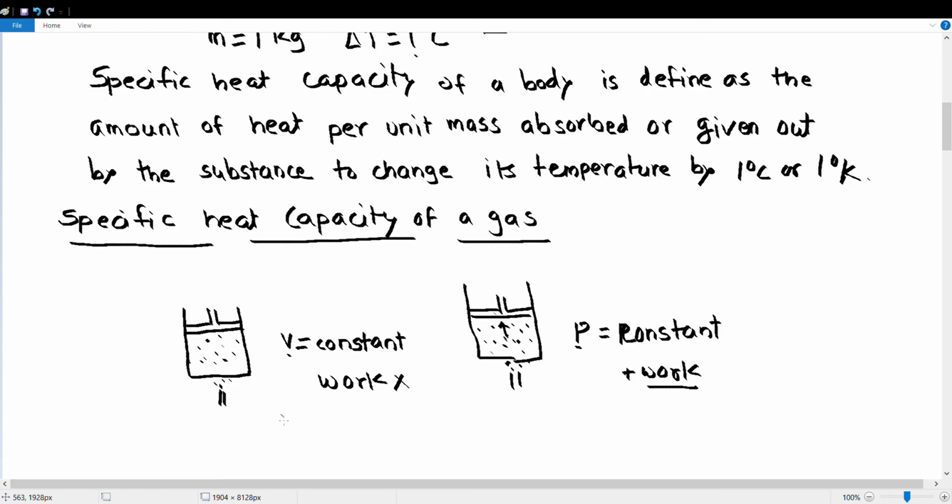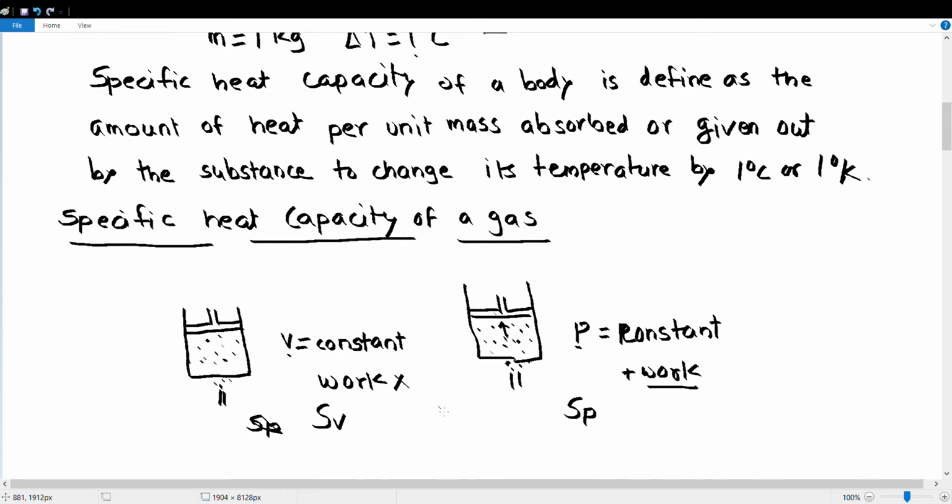When the volume is constant, the specific heat capacity of the gas is known as specific heat capacity at constant volume, and if the pressure is constant, then it is known as specific heat capacity at constant pressure.